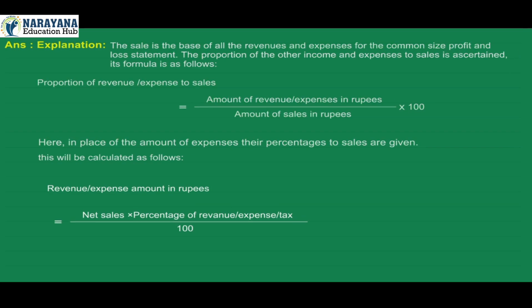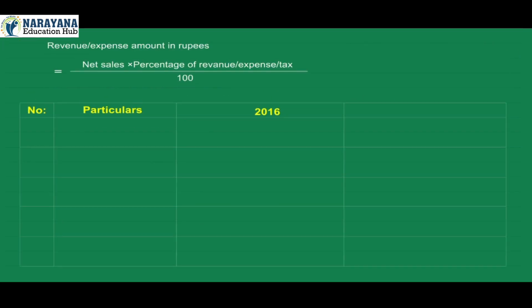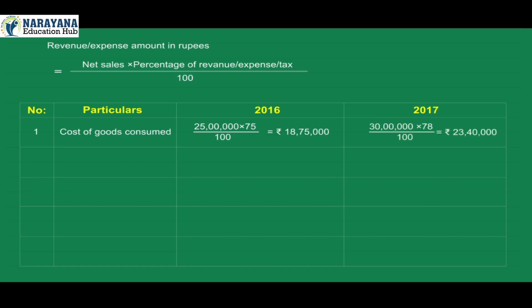Number. Particulars. 2016-2017. 1. Cost of goods consumed. 25 lakh into 75 divided by 100 is equal to rupees 18 lakh 75,000. 30 lakh into 78 divided by 100 is equal to rupees 23 lakh 40,000. 2.